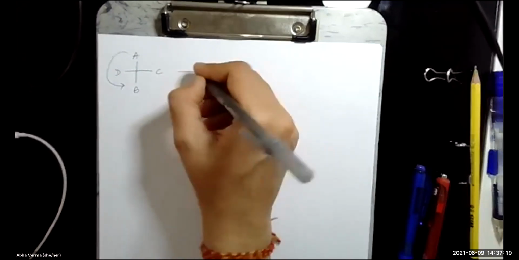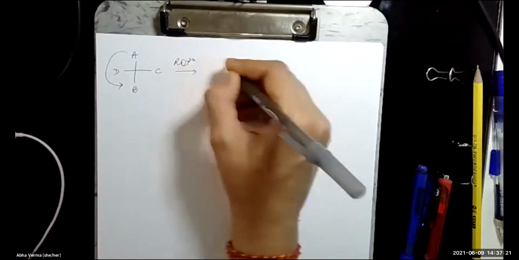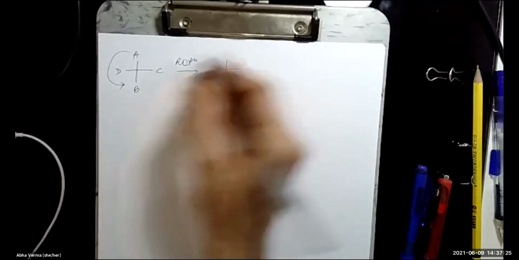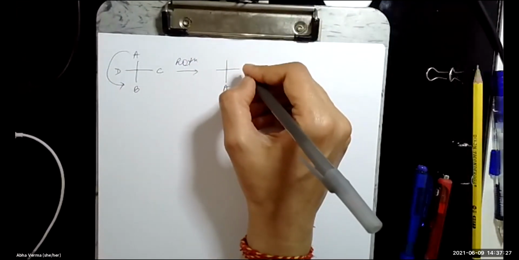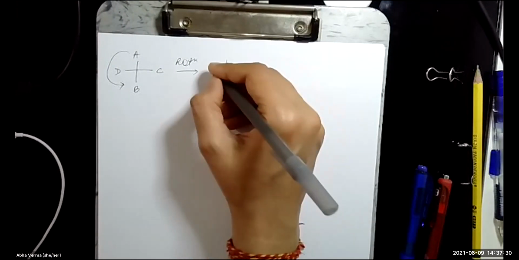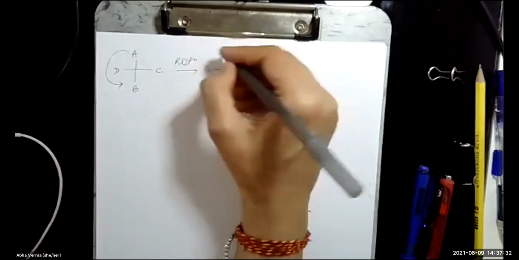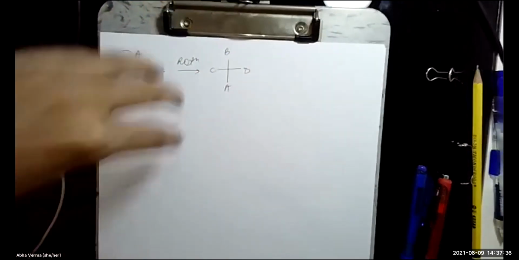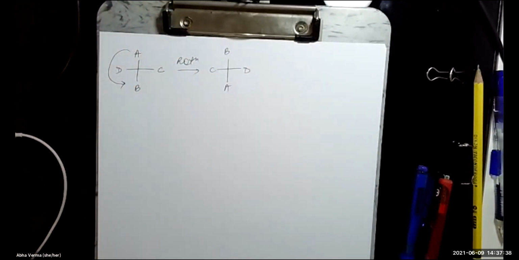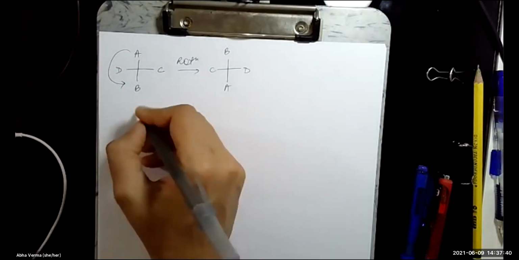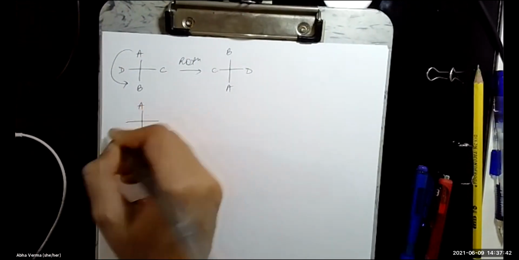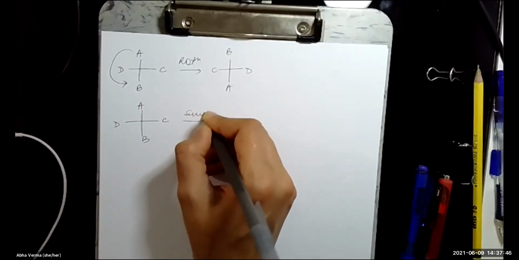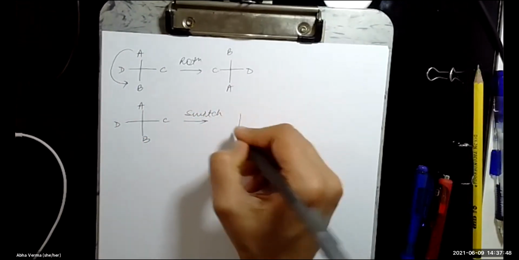When I do a rotation, I'm rotating A, I'm rotating C, I'm rotating B and the D. So I have just rotated the molecule. But when I'm making a switch, that's the time I am making a stereoisomer.